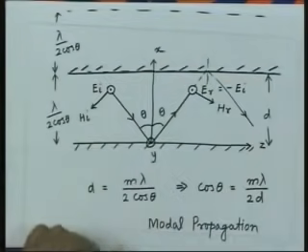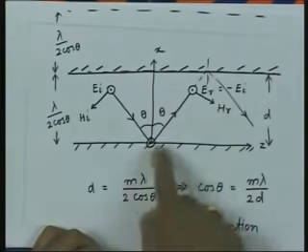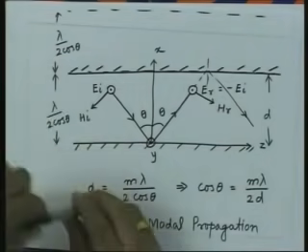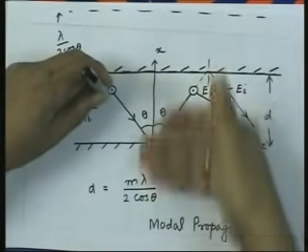However, before we get into that, let us make one more observation about these fields. If I look at this propagation where multiple reflections are taking place and the net propagation of energy is in this direction, which is along the z direction, the electric field is perpendicular to the plane of incidence, which is the plane of this paper.